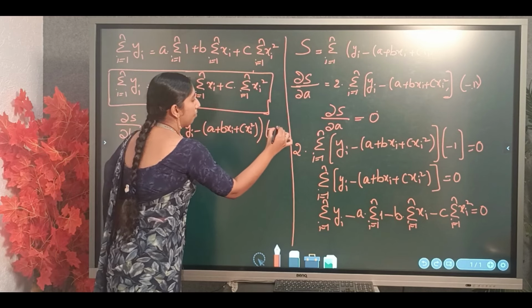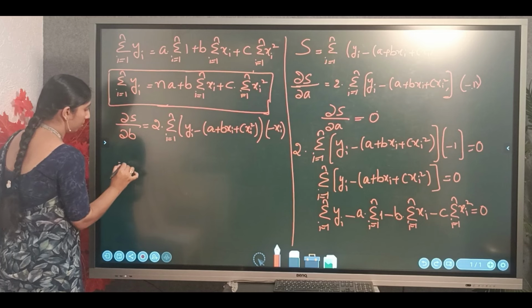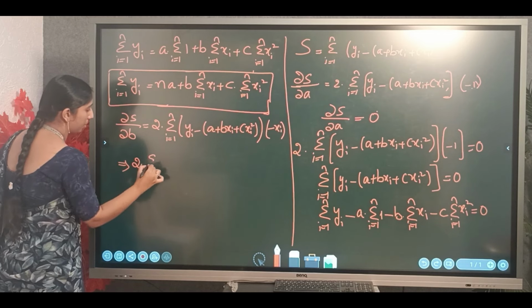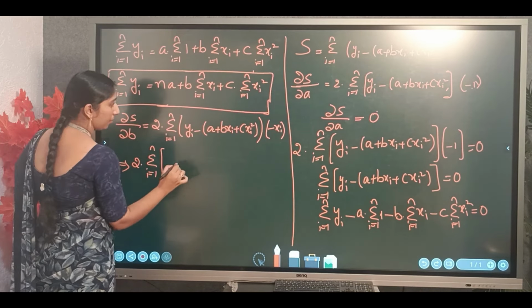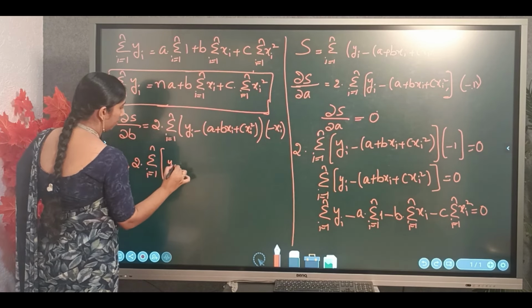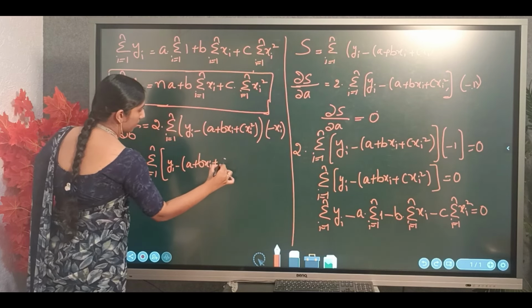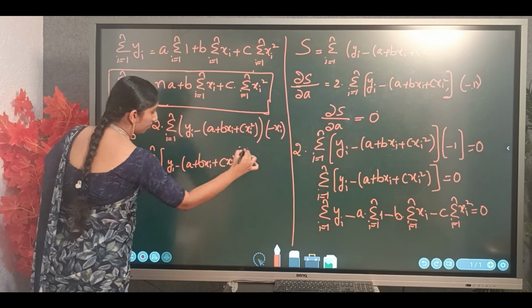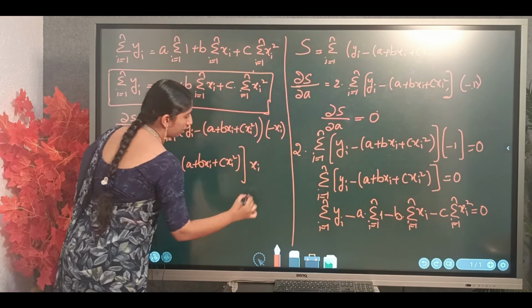So what will we get? Minus xi. Clear? So 2 into summation i equal to 1 to n of yi minus (a plus bxi plus cxi square). This minus moving to this side, what is there? Xi.